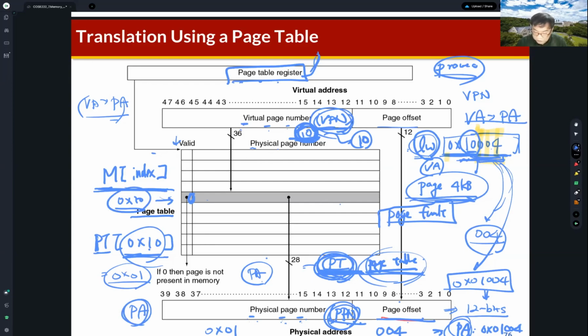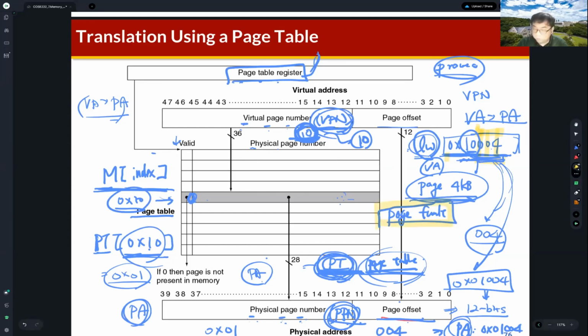If the page is not found in the DRAM, this PPN is not valid, it's invalid. If the valid bit of the page table entry is 0, the requested page is not in memory.